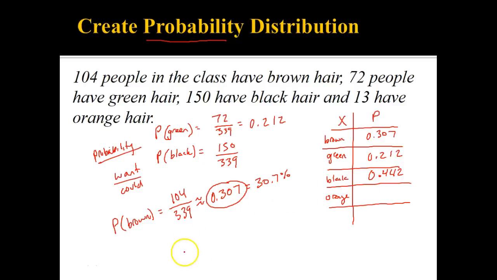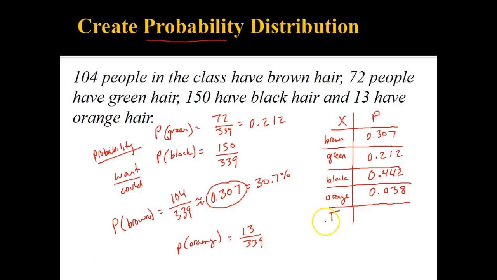And then the probability of orange is a really small number, 13 out of 339. So that's going to be a very small percent. 13 divided by 339. Almost no one in the class has orange hair. 0.038 or 3.8%. And so that's all there is to that. I don't know why more people don't have orange hair.